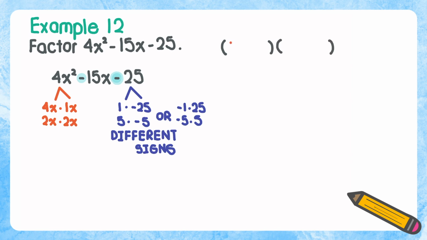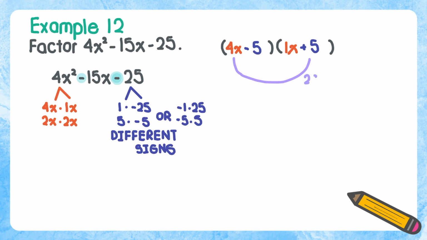I'm going to start with the 4x and the 1x pair. Again, it's kind of like a trial and error session. So I'm not 100% sure, but let's just try this out. So 4x minus 5 times 1x plus 5. Let's see if this works by multiplying the outside term and the inside term.